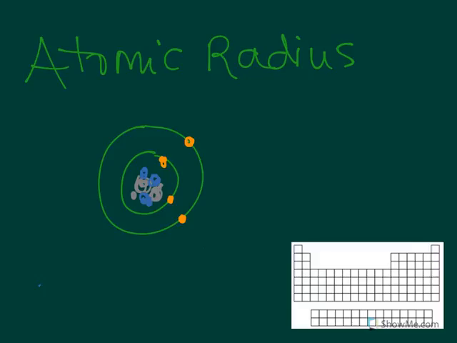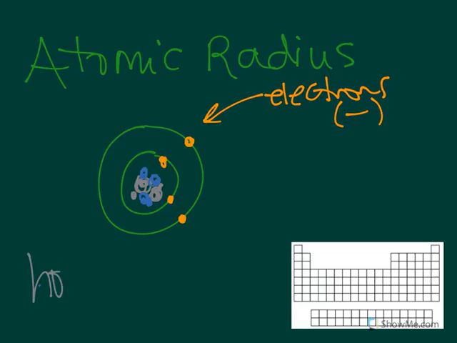So again, in the nucleus you've got protons and neutrons, and in the orbitals or energy levels outside you've got electrons, which are the negatively charged particles. Now, atomic radius is just how big is this element or atom.